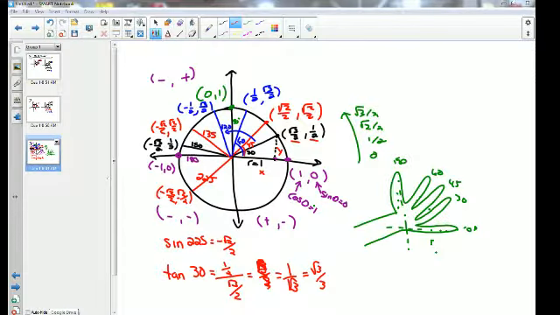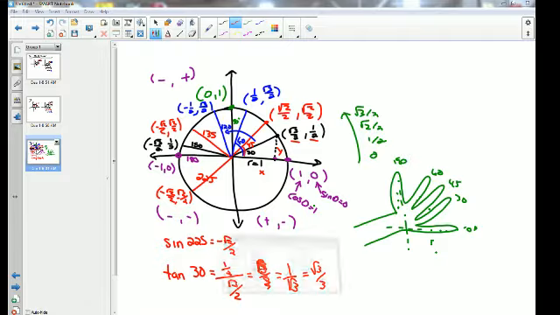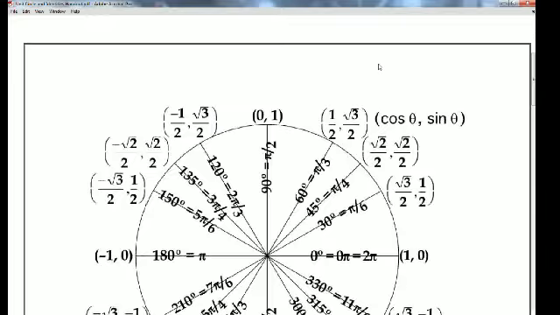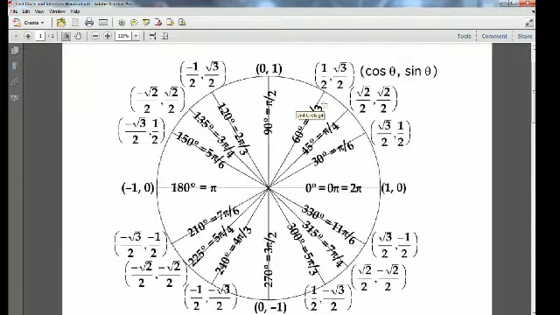The whole circle? Yeah, the whole thing. There it is.